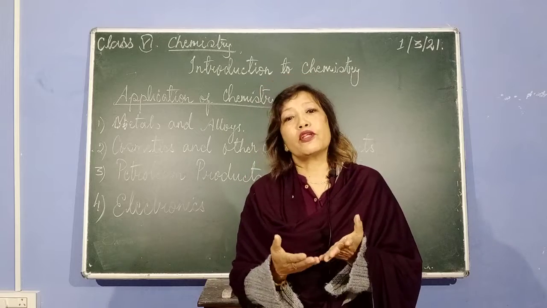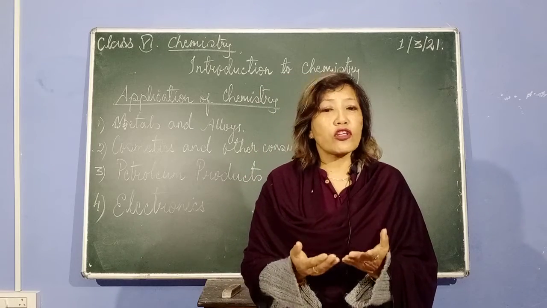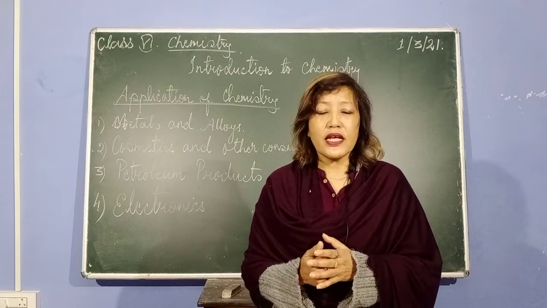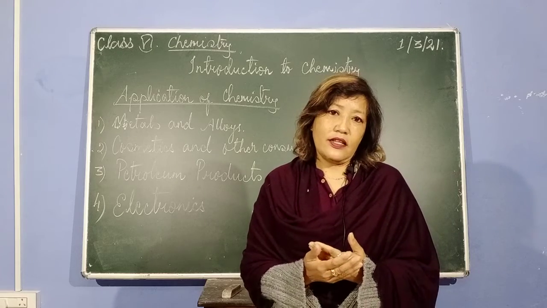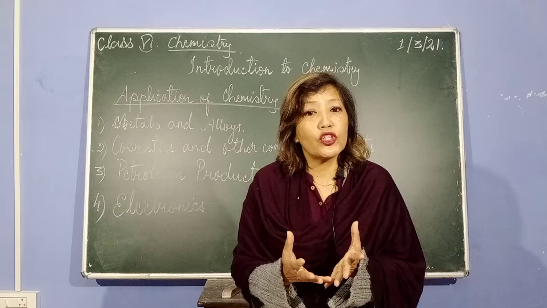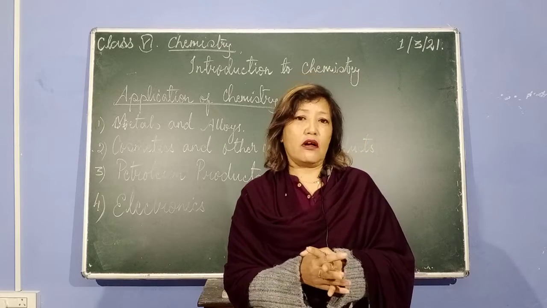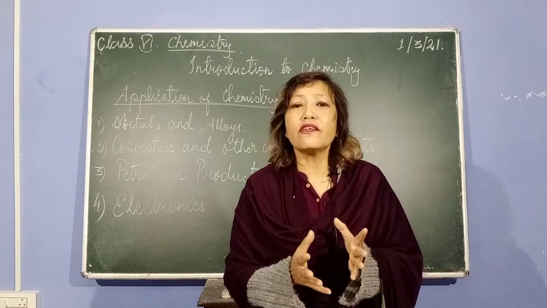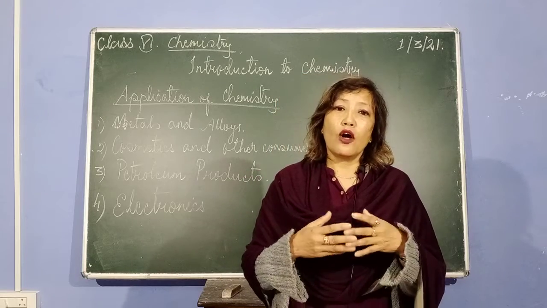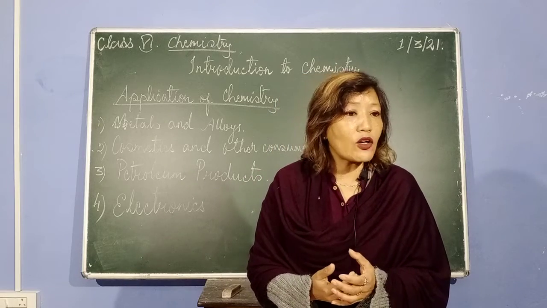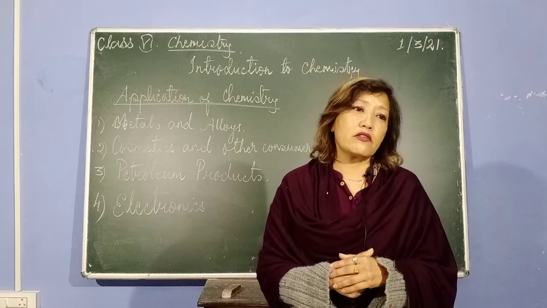So actually petroleum is a fossil fuel, which means that these fuels are created by the decomposition of organic matter over millions of years. The various products which are obtained from petroleum are called petrochemicals.